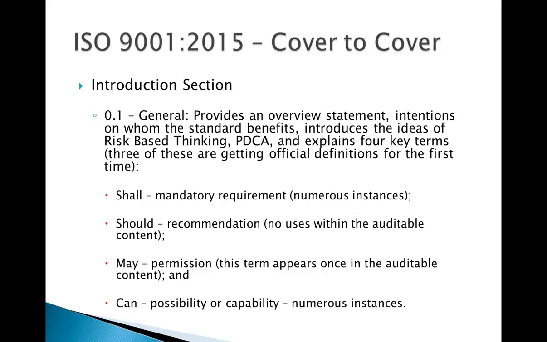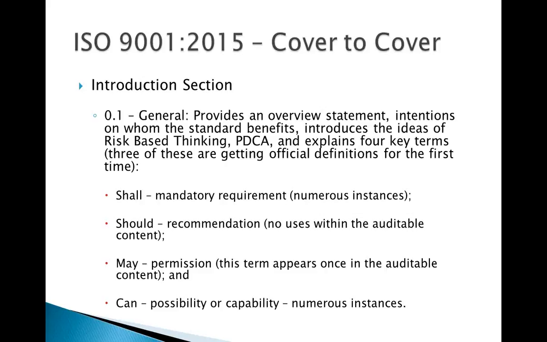Now, this particular verbiage is found in Annex SL, so it's intended to apply to all standards. Shall, of course, is the primary word. It is a mandatory requirement, and of course, numerous instances of shall within the standard. Should represents a recommendation, and for the 9001 standard, there are no uses of the word should.